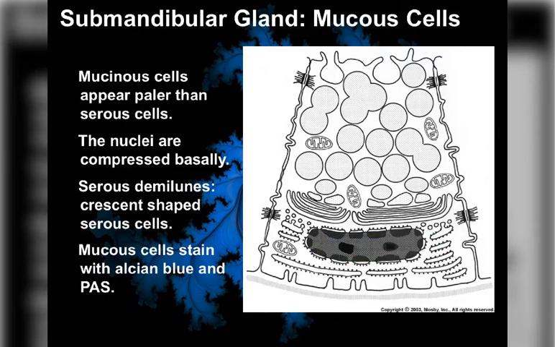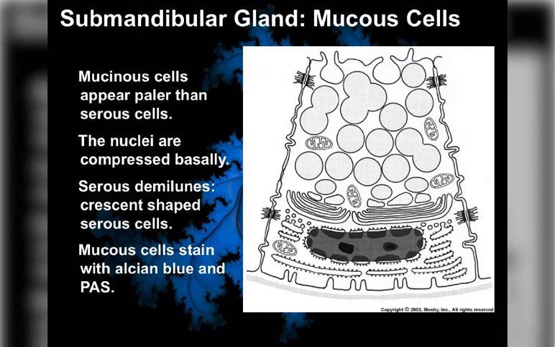Serous demilunes are crescent-shaped serous cells at the end of mucous tubules, mucous secretory end pieces, and they are present in the submandibular, in the sublingual gland, and in the mixed minor salivary glands.